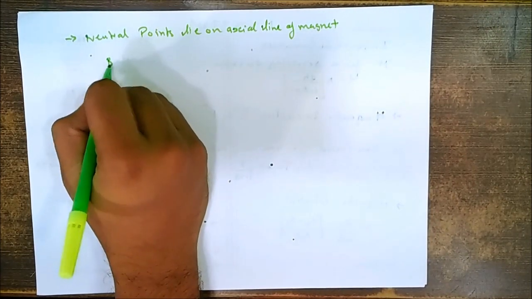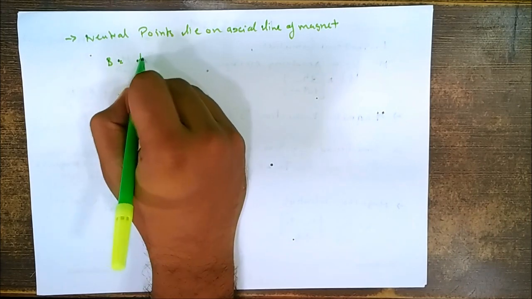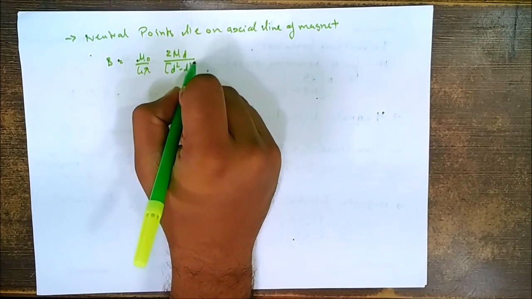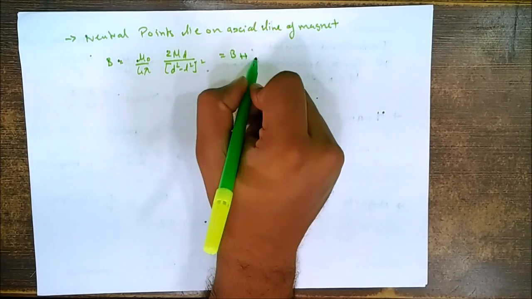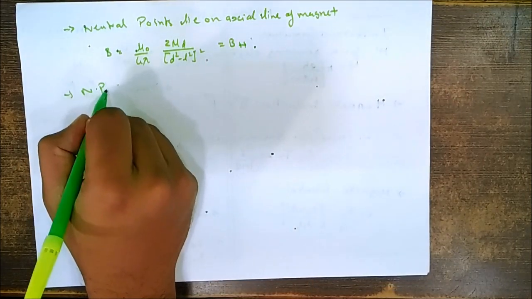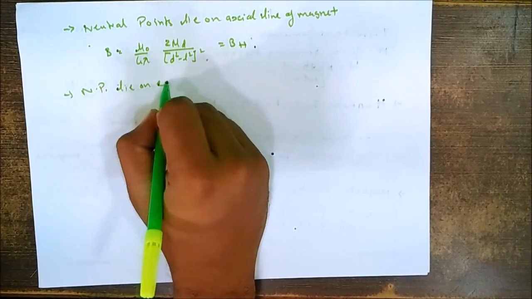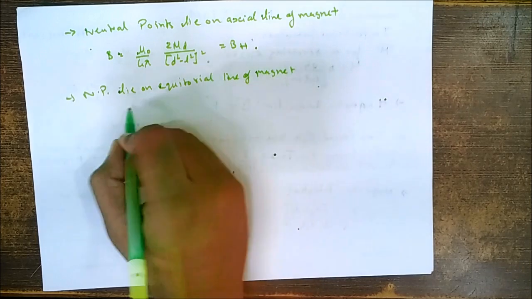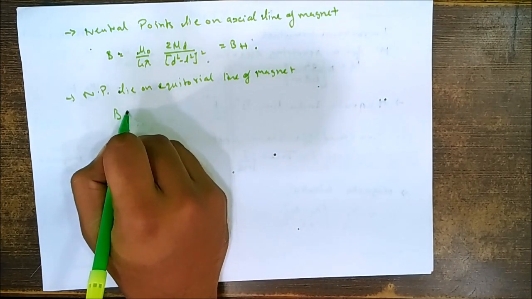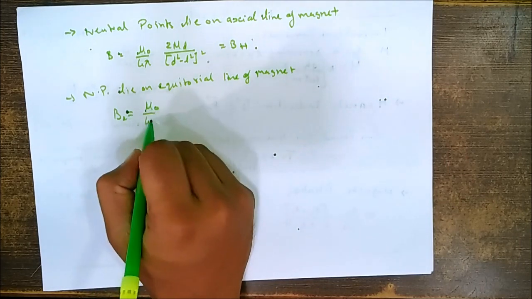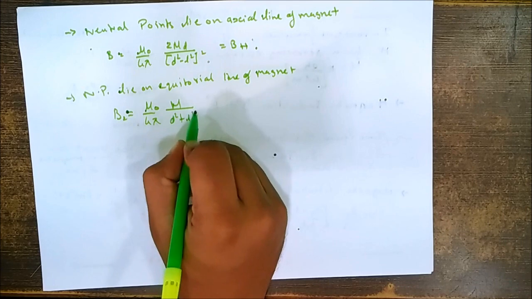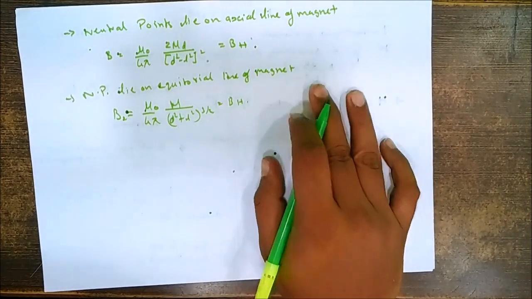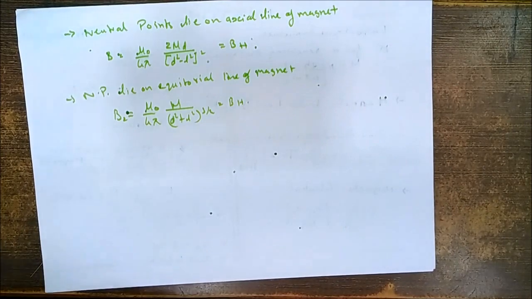So we want magnetic induction, which can be given as B is equal to mu naught upon 4 pi, 2 md upon d square minus L square the whole square, which is also given as BH. Now, for neutral points lying on the equatorial line of a magnet, we want BH, and this is B is equal to mu naught upon 4 pi, m upon d square plus L square the whole raised to 3 by 2. This we have seen in the chapter magnetic effect of electric current, and also in the standard 11th chapter magnetism.